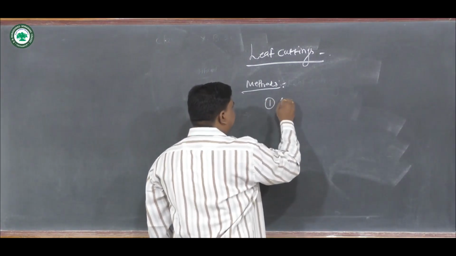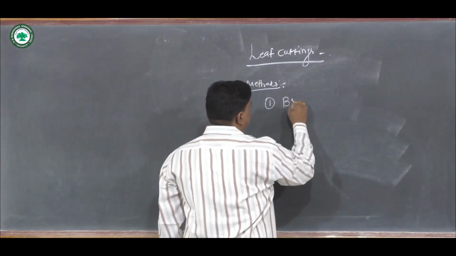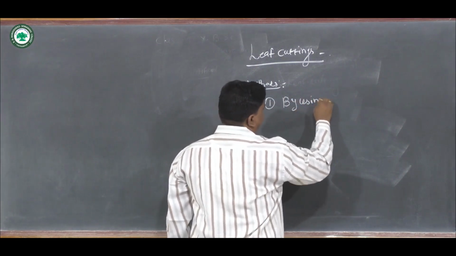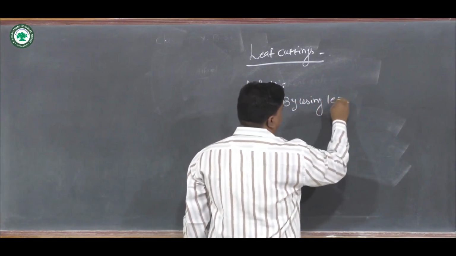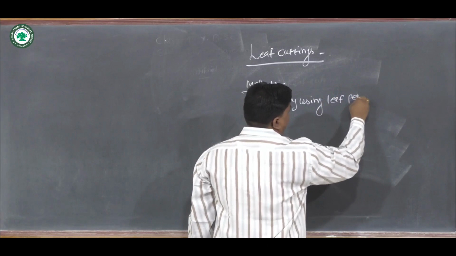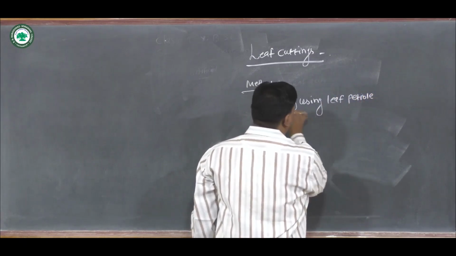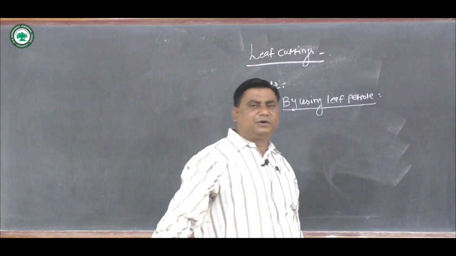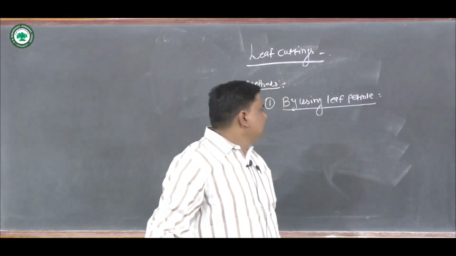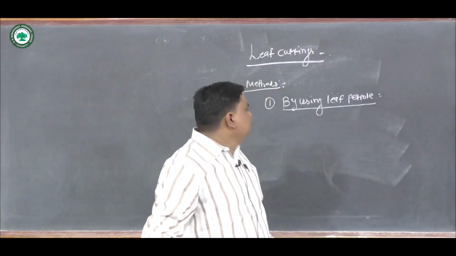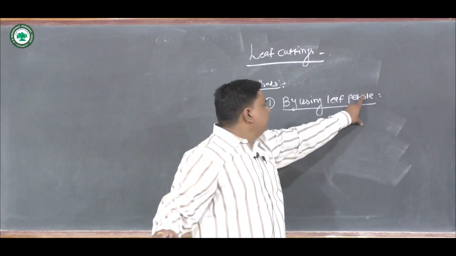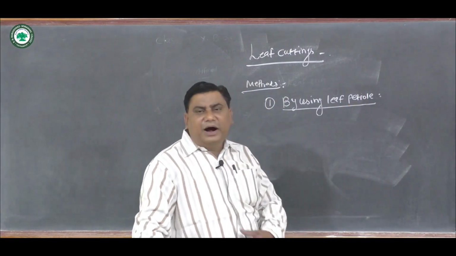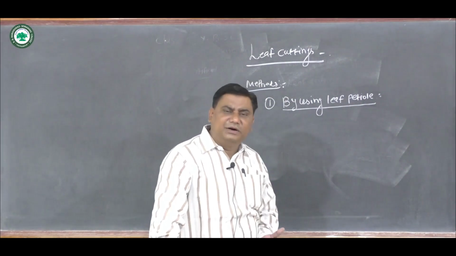There are 4 methods of leaf cutting. First, by using the leaf petiole. Second, by using the marginal buds.